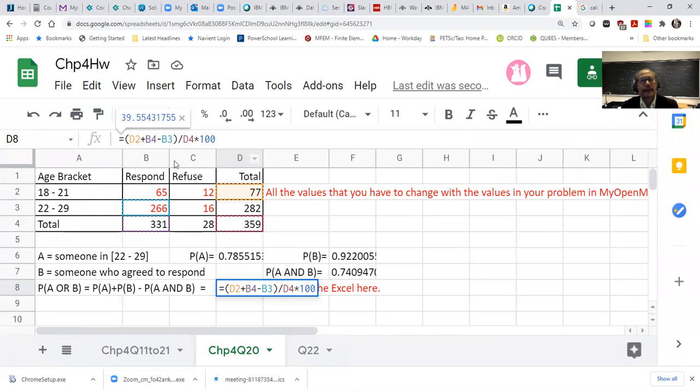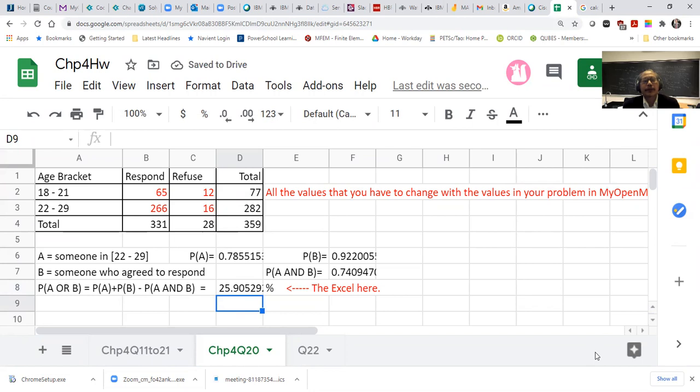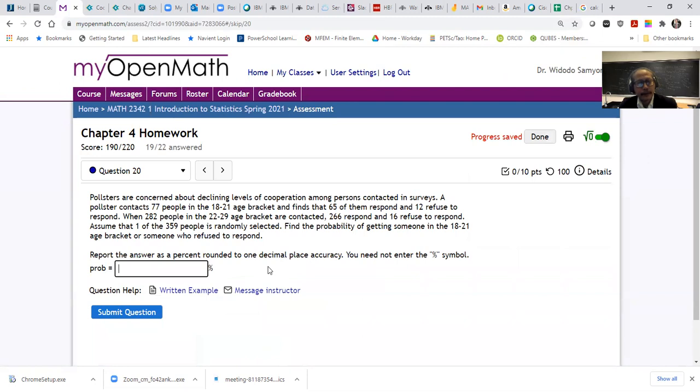So the one that refused is this one here, C4. So you need to change this one to C4. And then subtract someone that is in this bracket and also refused, which is C2. And then divide by the total. The total is T4, okay? And then multiply by 100%. So the answer is 25.9. Okay, 25.9.